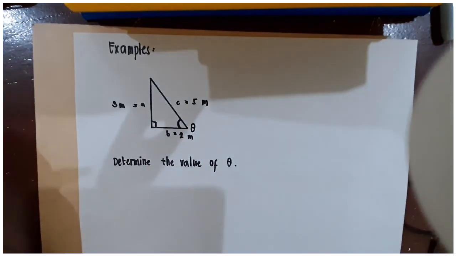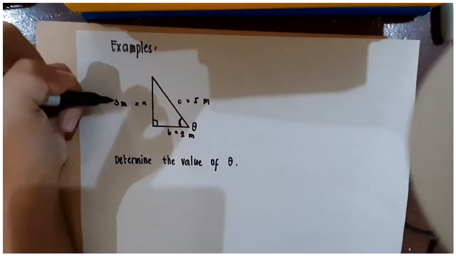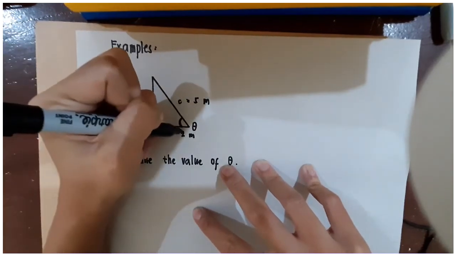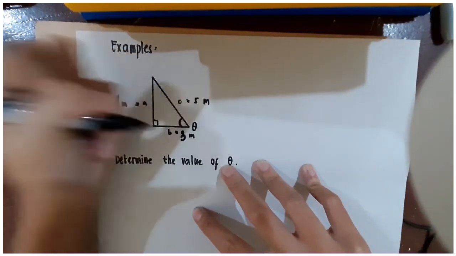Okay. Is it correct? 2 squared plus 3 squared. I'm sorry. It should be 3 squared plus 4 squared. Let's say this is 4. And then this is 3.